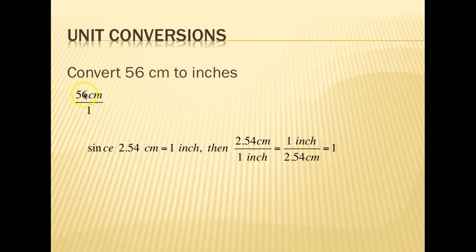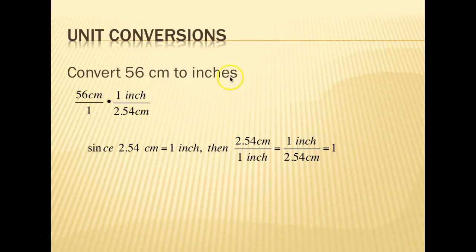Well, if you notice, I have centimeters in my numerator here. Whatever fraction I multiply by needs to have centimeters in the opposite position. So I'm not going to use this fraction. I'm going to use 1 inch over 2.54 centimeters. The reason I do that is because I will eliminate my centimeters, because centimeters divided by centimeters is 1. It reduces to 1.